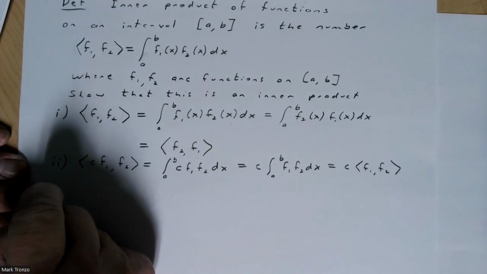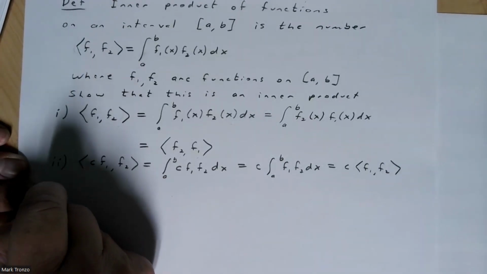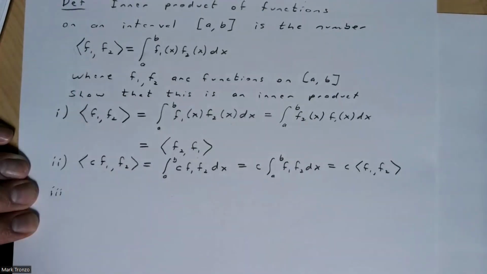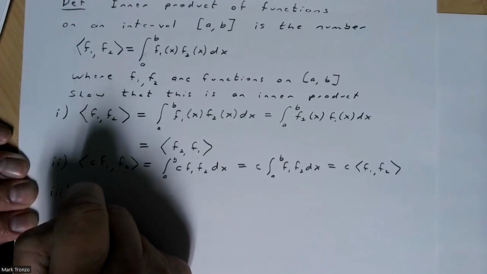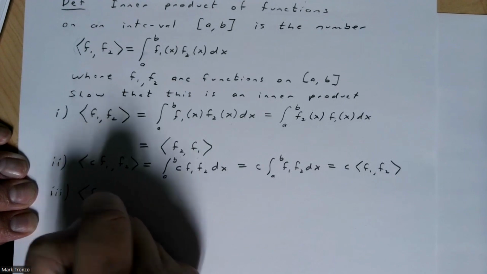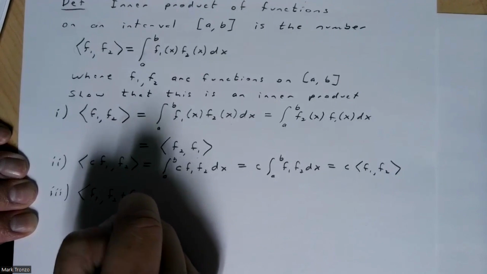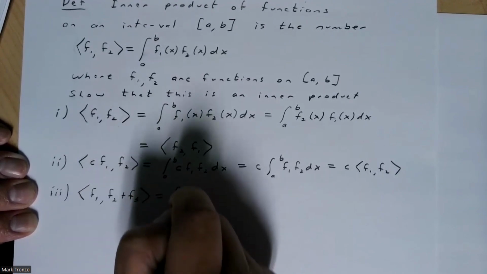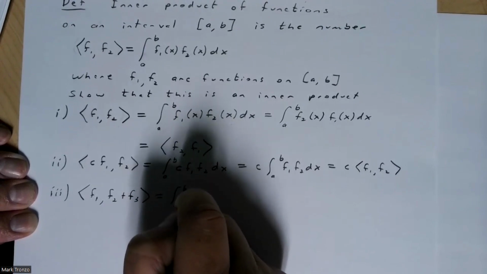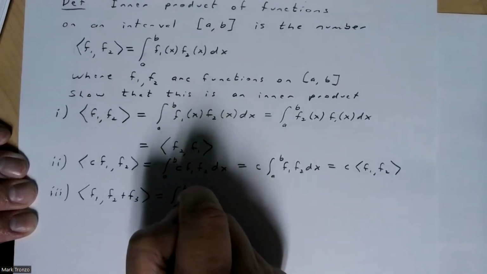Another property we want to show, I guess I'm doing these a little bit out of order. We want to show, let's start with F1, and let's say we have an F2 plus F3. And let's work with this right here.